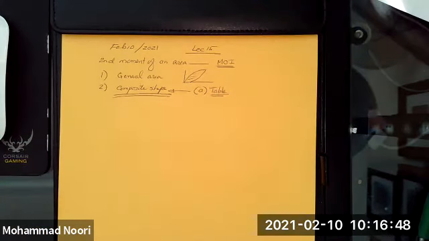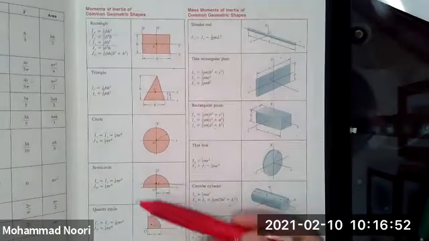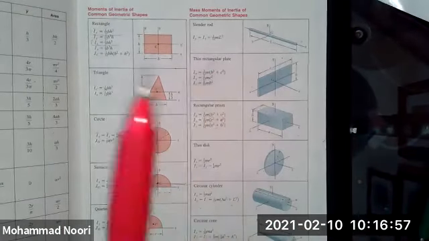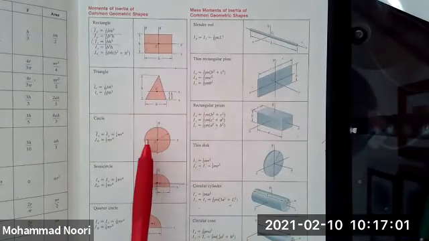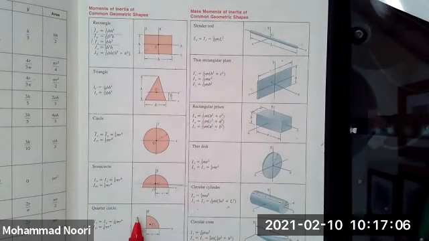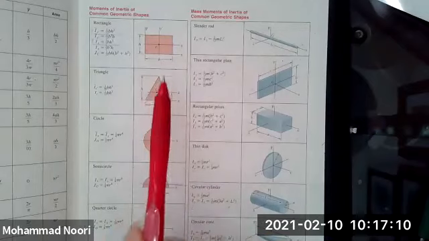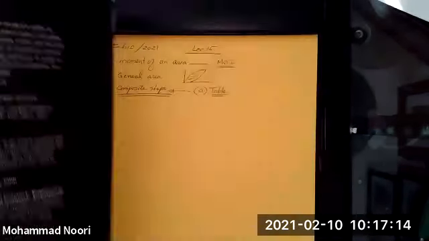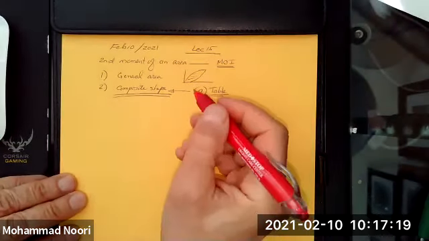Where moment of inertia of all these simple geometric shapes are tabulated with respect to the centroidal axes of those shapes. Okay? Centroidal axes means with respect to axes that go through the centroid of these shapes. You need that because that's the basis of your calculations.